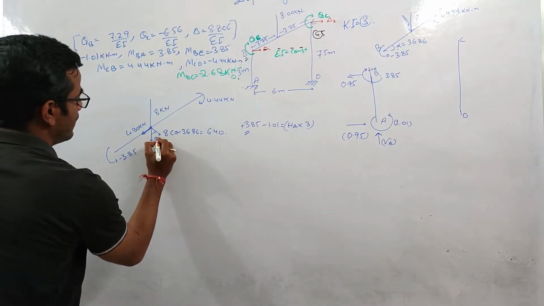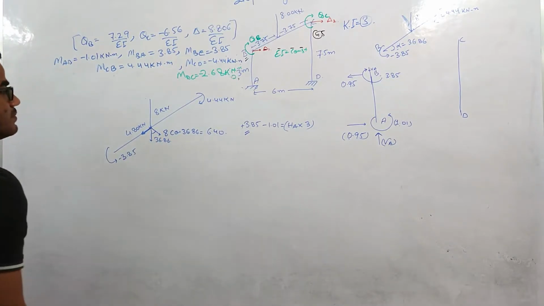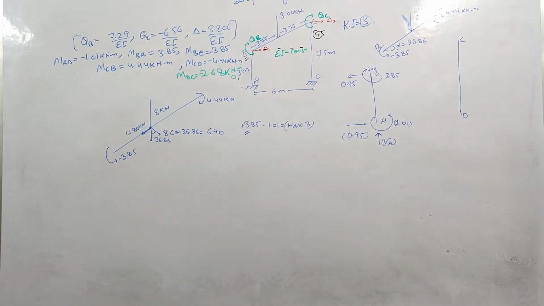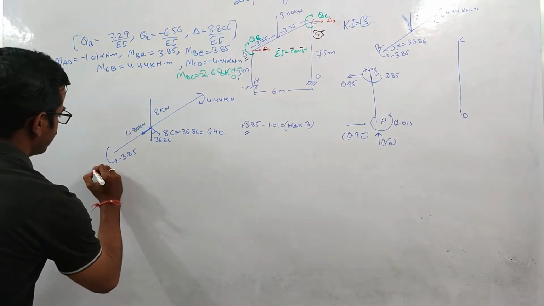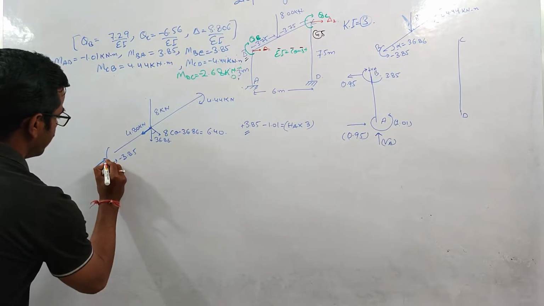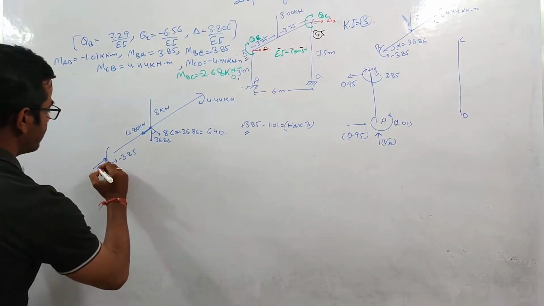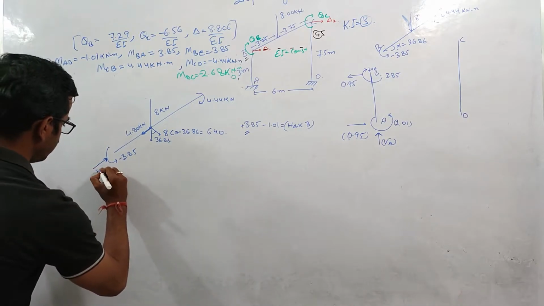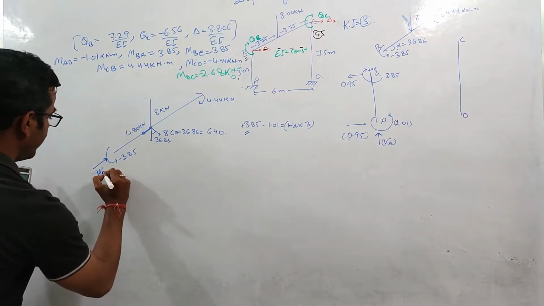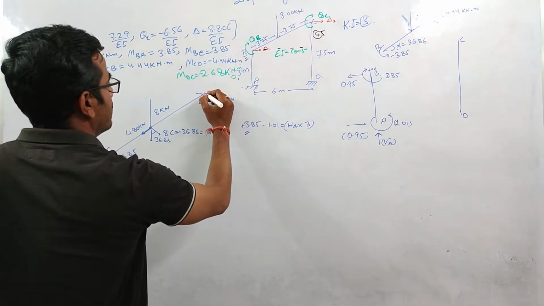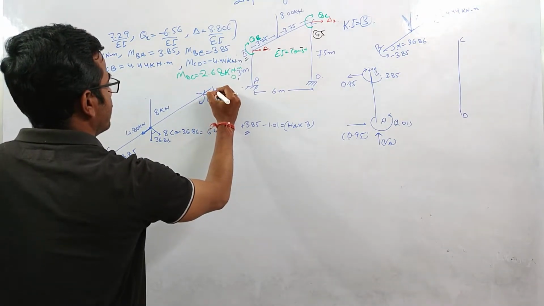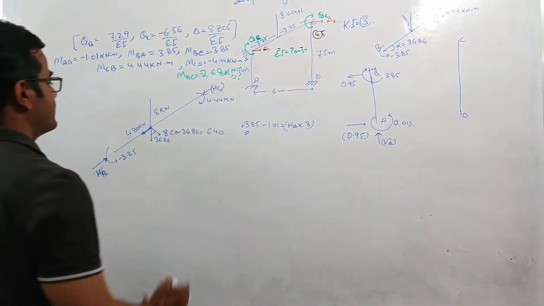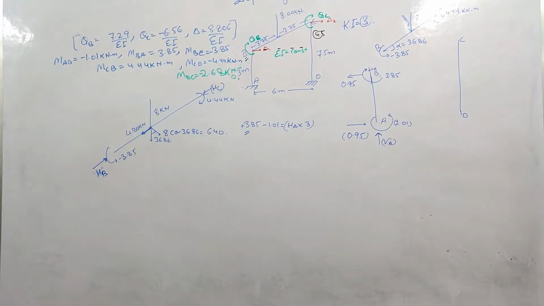This angle is basically 36.86 degrees. Now let us suppose there is some axial force acting on this inclined member, denoted by HB over here, and this is HC.